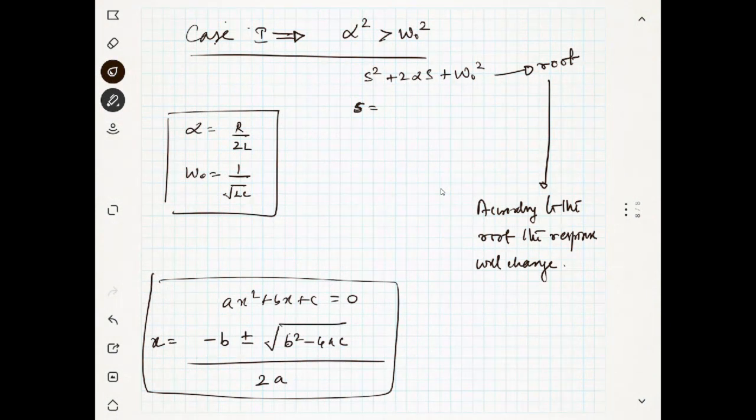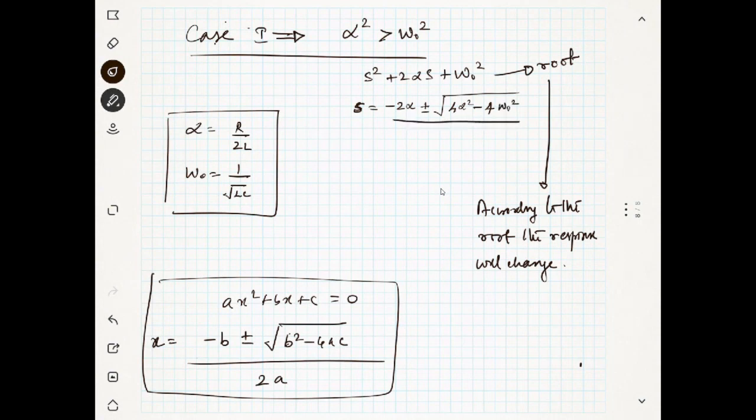So we will see our roots will be like this. Minus b. What is minus b? Minus 2 alpha, right? Plus or minus square root of b square, which is 4 alpha square, minus 4ac. a is 1 and c is omega naught square, right?